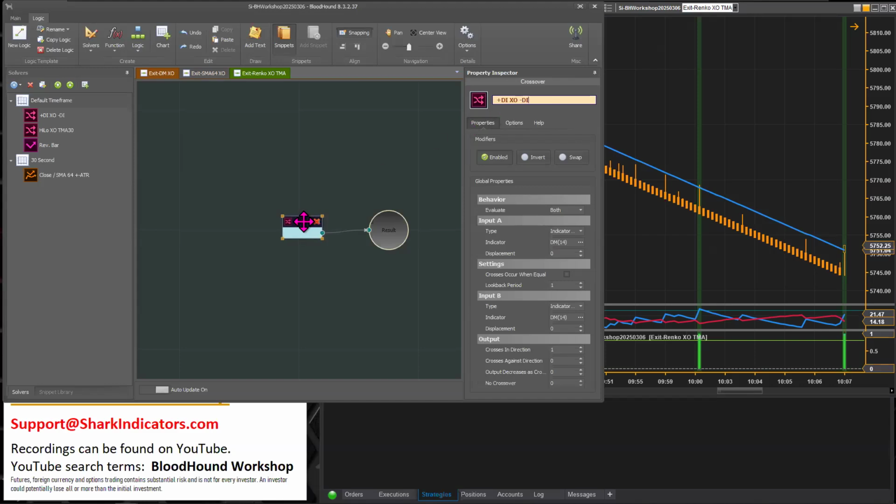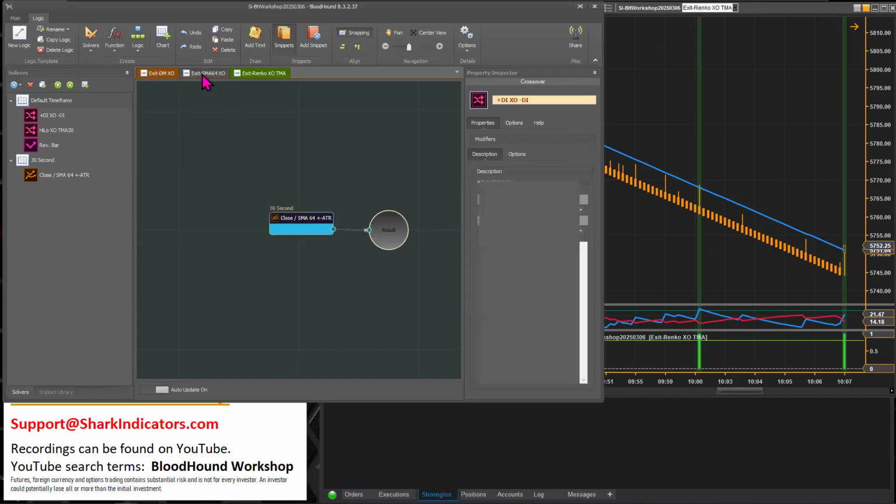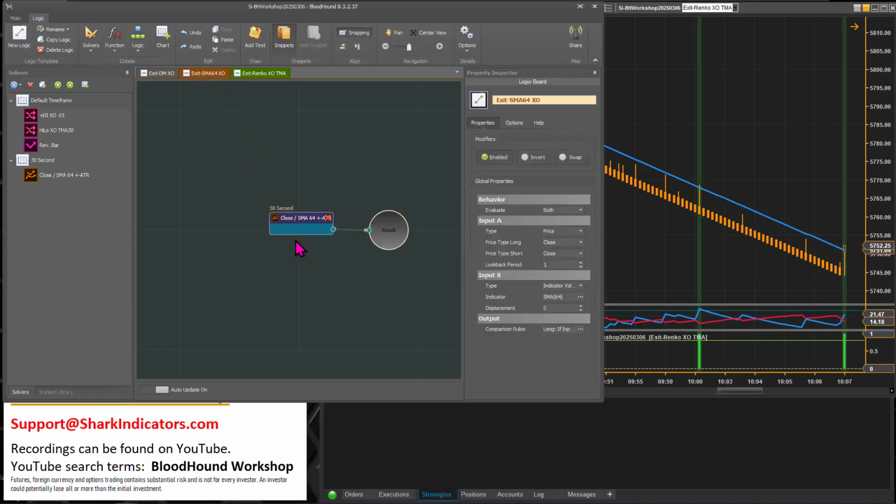All right. So we had this DM indicator crossover exit signal, and then this price being above or below the SMA.